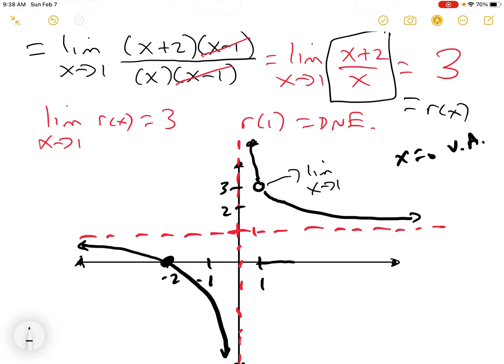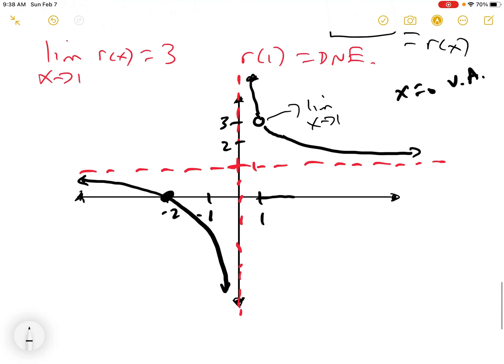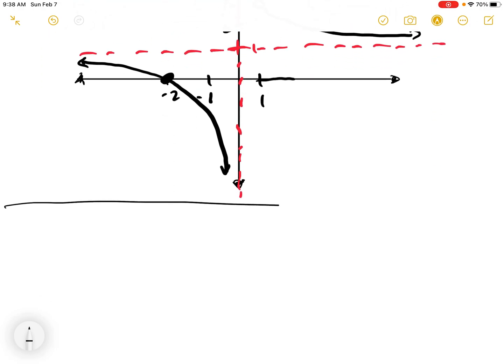Okay. So I'm going to give you a guided practice problem just like this to do before a meeting with me.